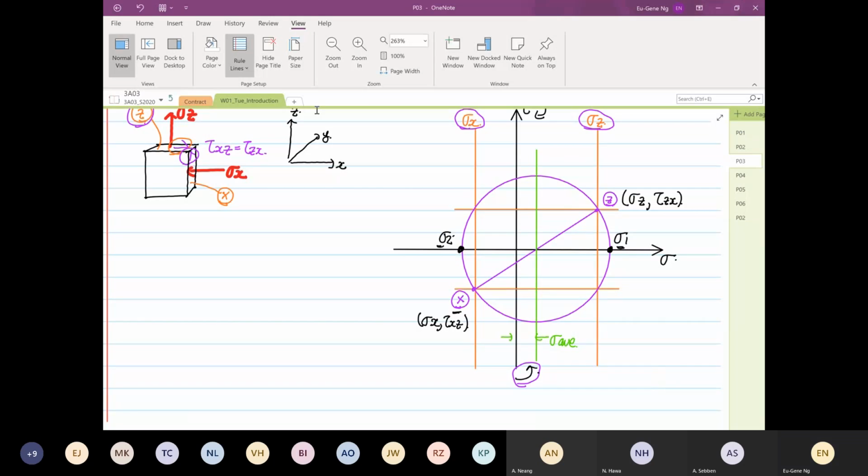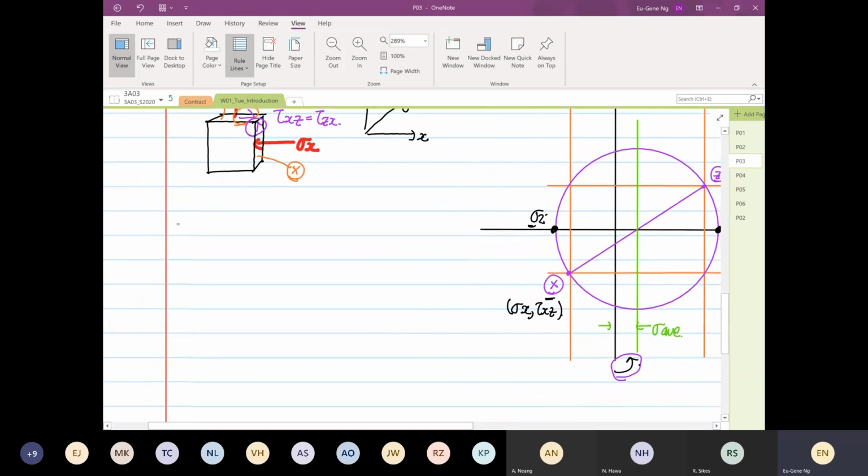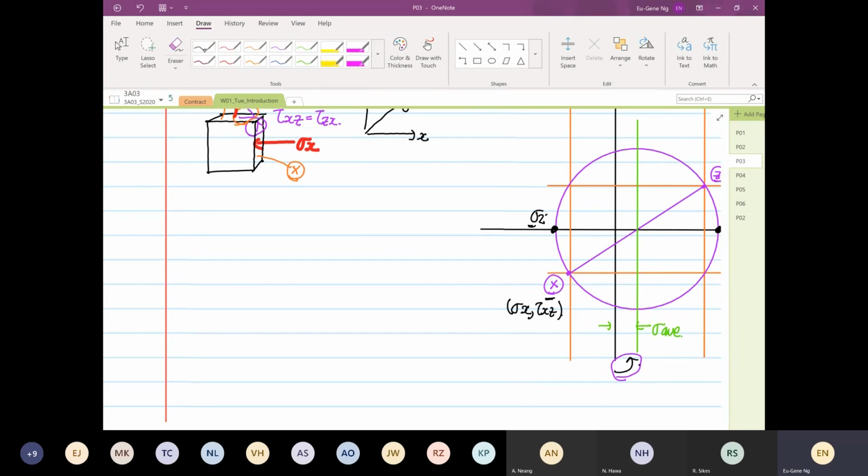Anyone? Stress 1 is greater than stress 2. That's absolutely right. We realize that stress 1 is greater than stress 2. Anything else? Anyone?